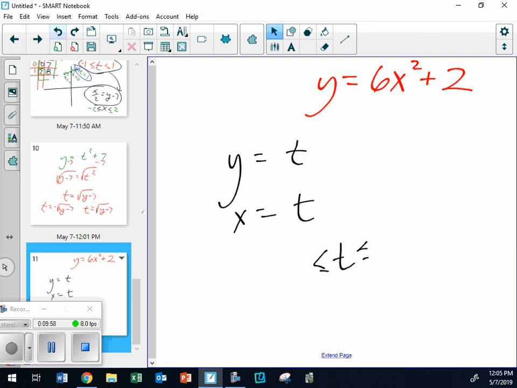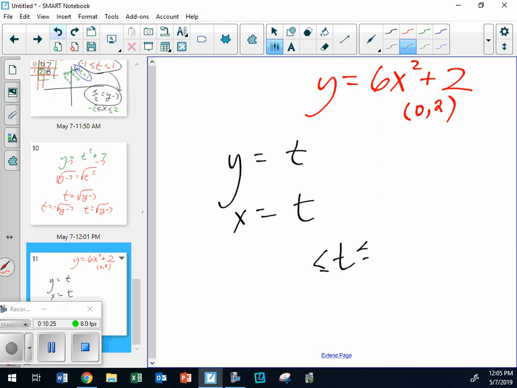So if this parabola has no domain, that means everything works, right? The domain is all reals. Well, then the time would never stop. The t wouldn't have a domain either. So that would actually be a little too easy, so I'm going to give you some points. If I put in 0 for x, I would get 2 for y.